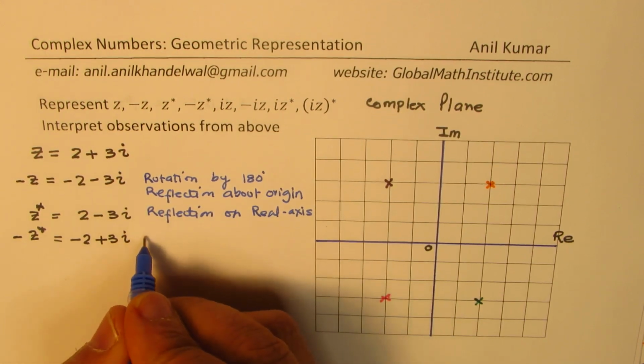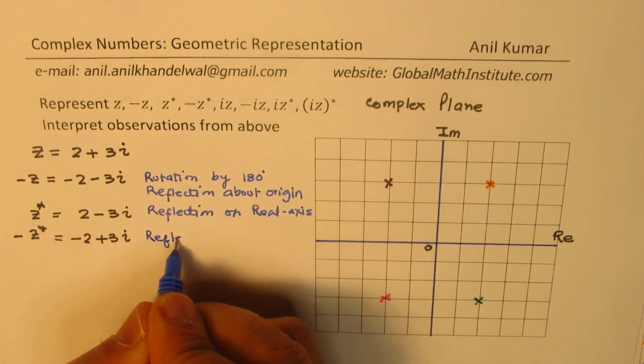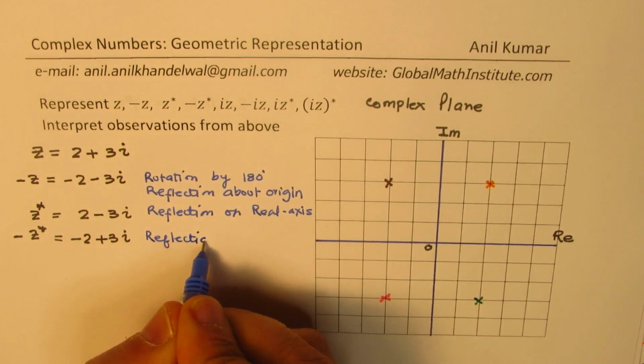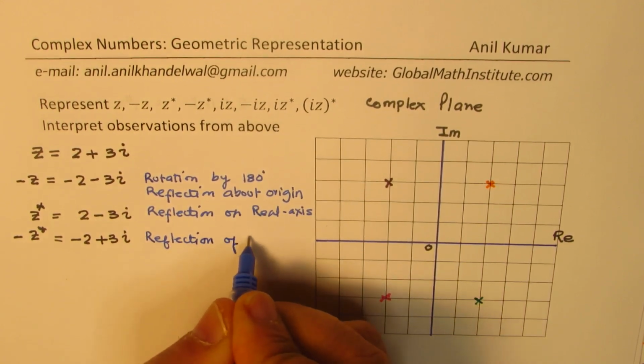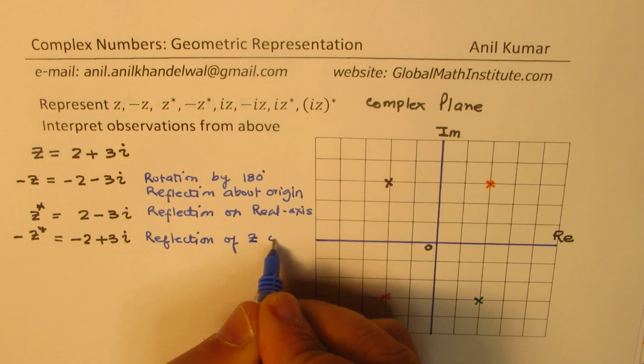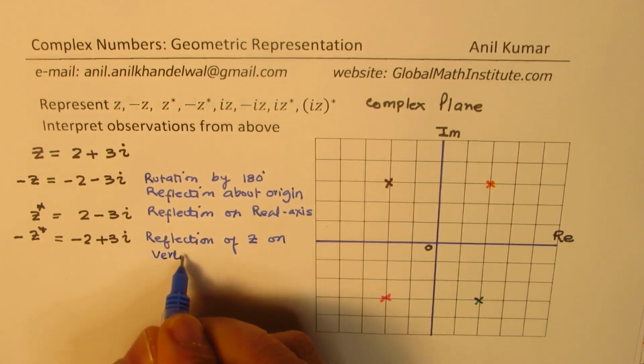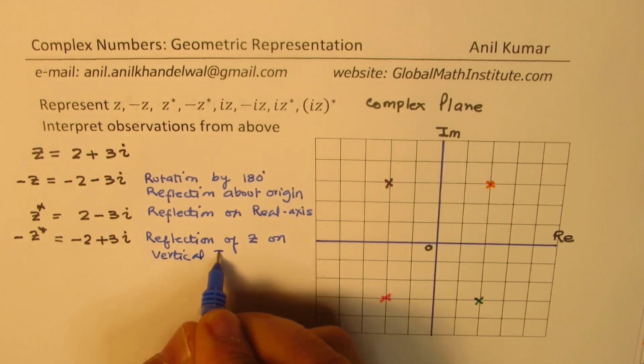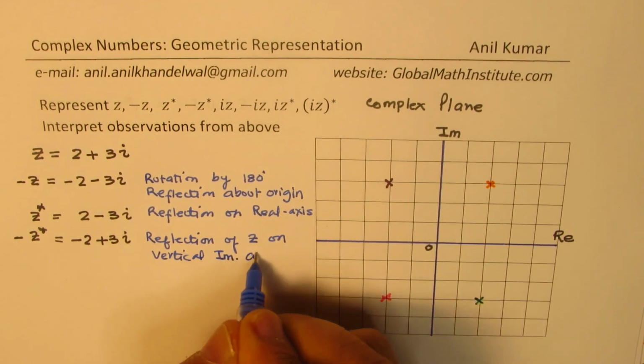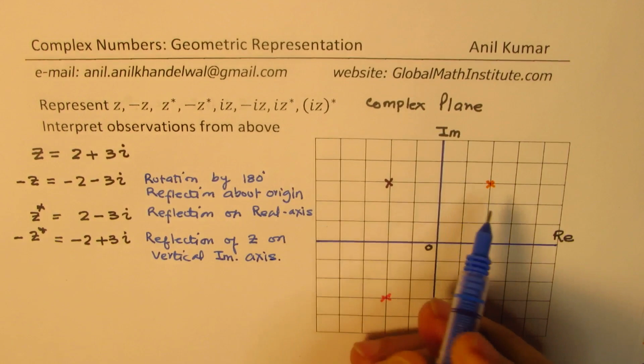So that is reflection of the complex number on imaginary axis. Is that clear, right?